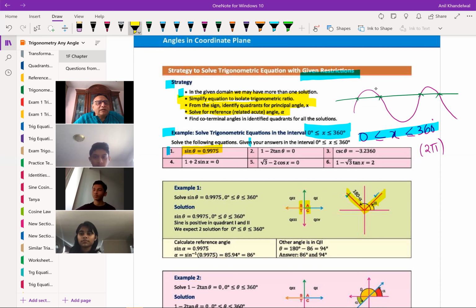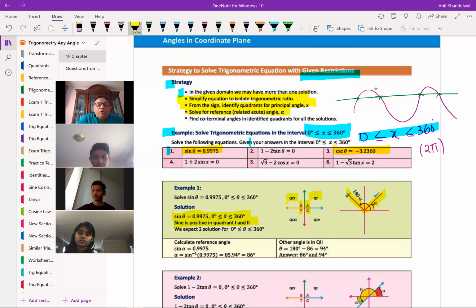In this case we are given a positive ratio, but even if it is not positive, as in example 3 which has a negative ratio, we find the reference acute angle by taking the inverse of the function in quadrant 1 using the positive value. Since sin θ's solution lies between 0 and 360 degrees and sine is positive in quadrants 1 and 2, there are two solutions.